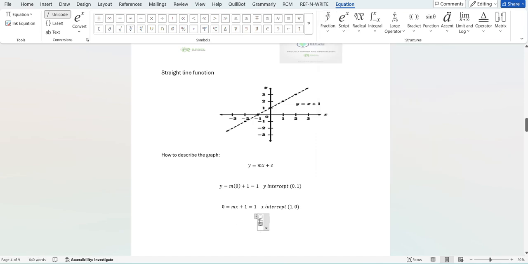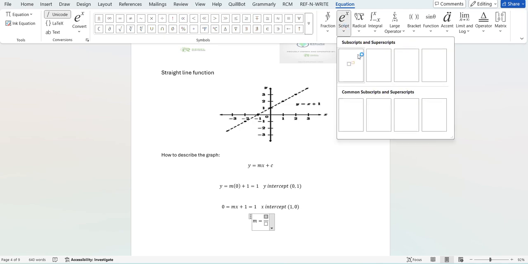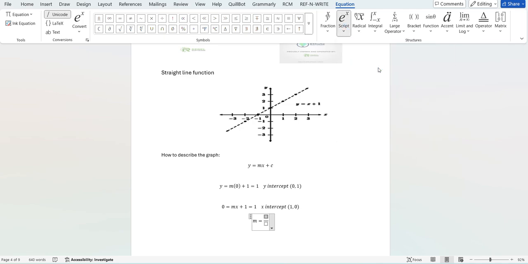Our gradient, which is m, will be y2 minus y1 over x2 minus x1. I think you guys know the formula.